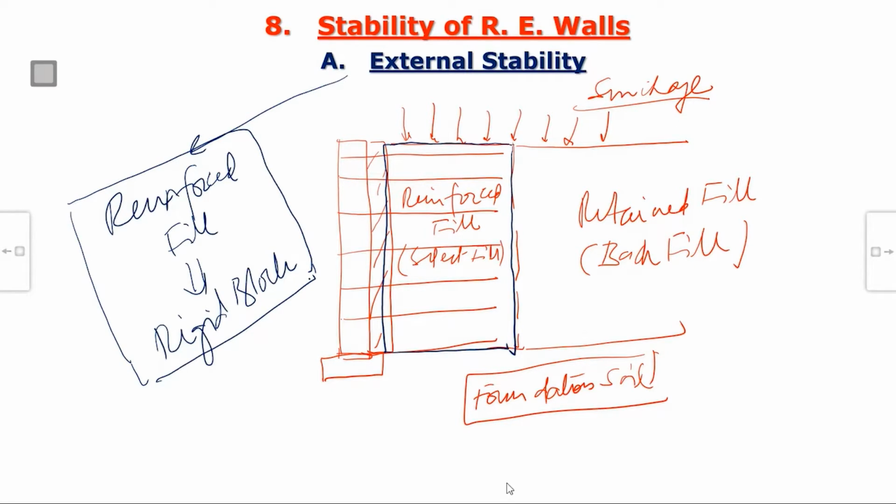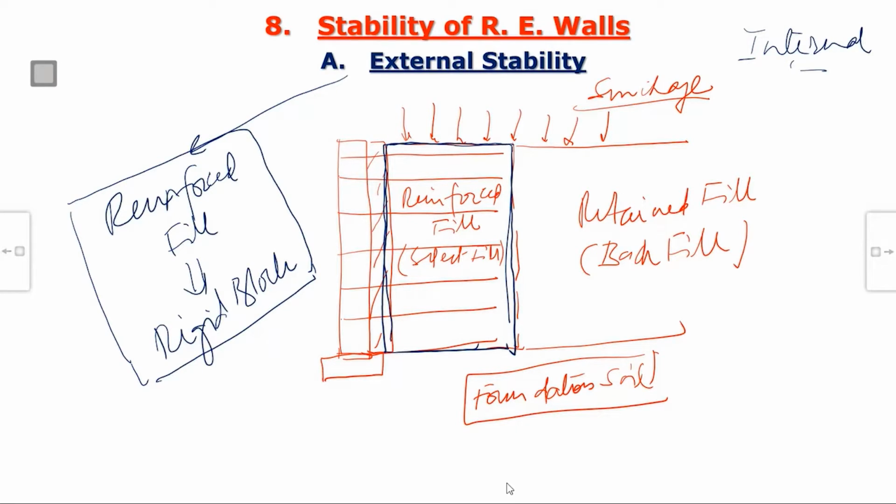So you take this reinforced fill as a rigid block, and then you check for various parameters. We will see what those parameters are. That is external stability. Another thing is internal stability.